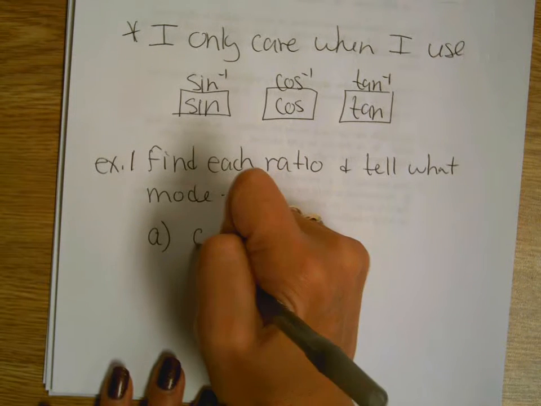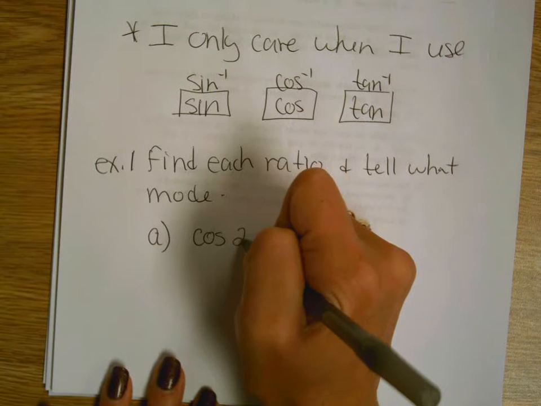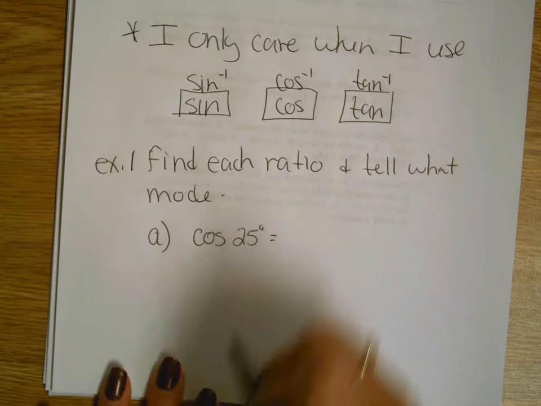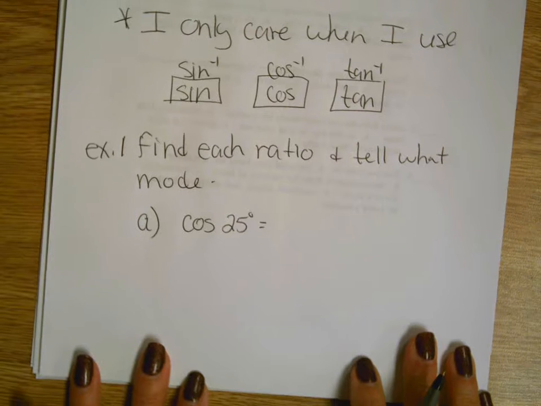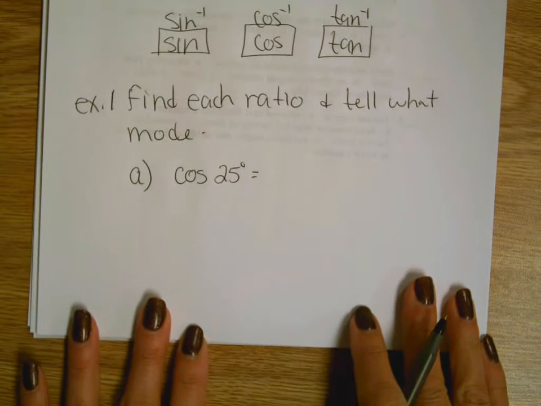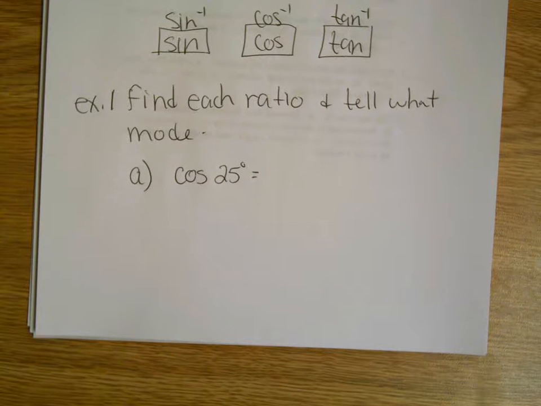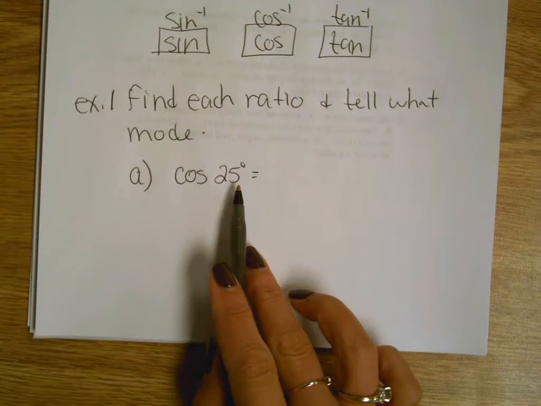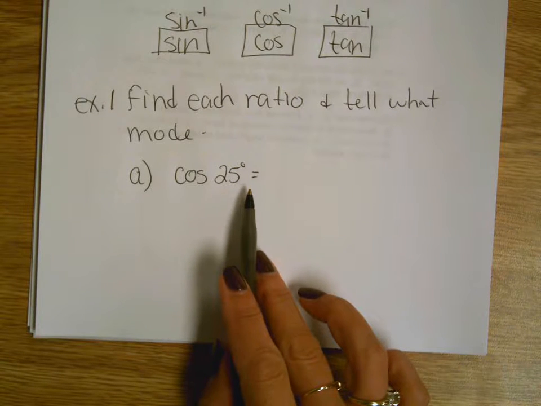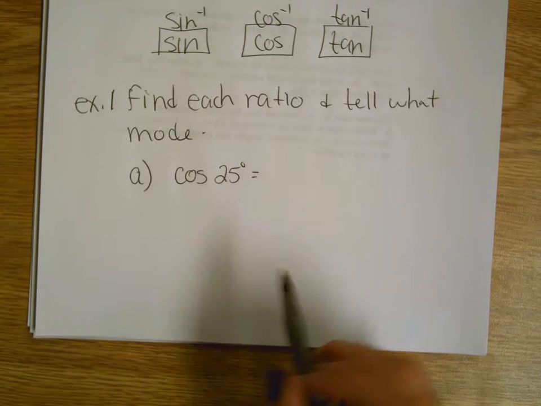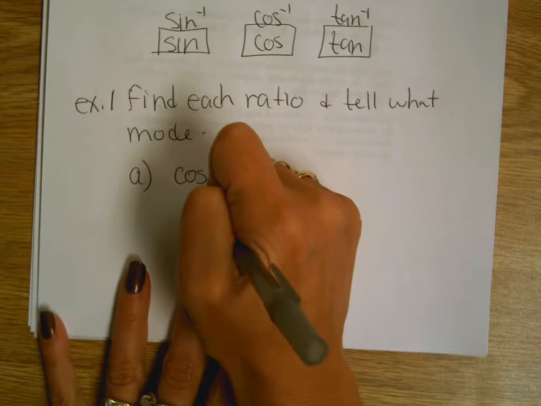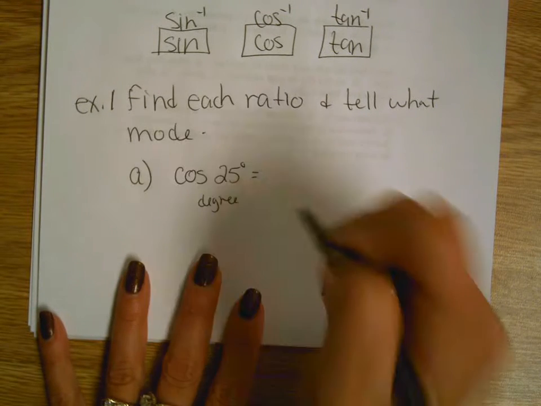Okay, we first want to find the cosine ratio for a 25-degree angle. So we're obviously going to be touching the cosine button. What mode do you think you got to be in? Degree. Why degree? Because it's in degrees. Kind of tough, right? Okay, so your calculator better be in degree mode. It probably still is because we don't think we switched to radian yet.